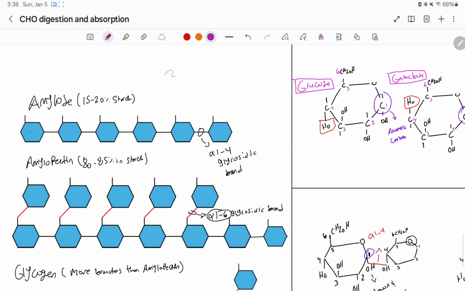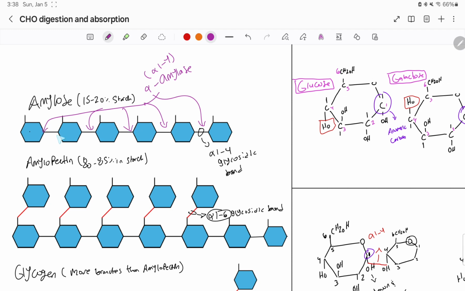This is actually called amylase. Now there are different kinds: there's salivary amylase, there's pancreatic amylase. We'll talk about it. But for example, this alpha amylase is very specific for cutting alpha 1,4 bonds. So it's going to come here, here, here, here, and here.